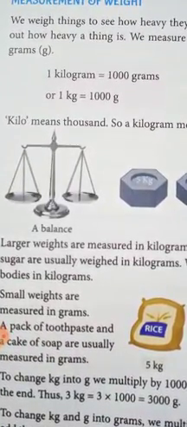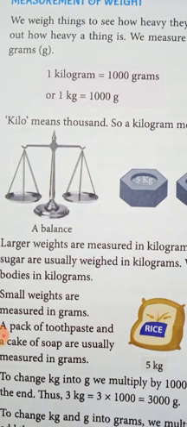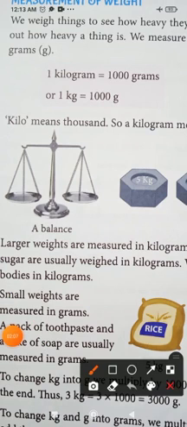So 1 kilogram is equal to 1000 grams. See here, 1 kilogram is equal to how many grams? 1000 grams. Or you can say 1 kg, which means kilogram, is equal to 1000 grams.